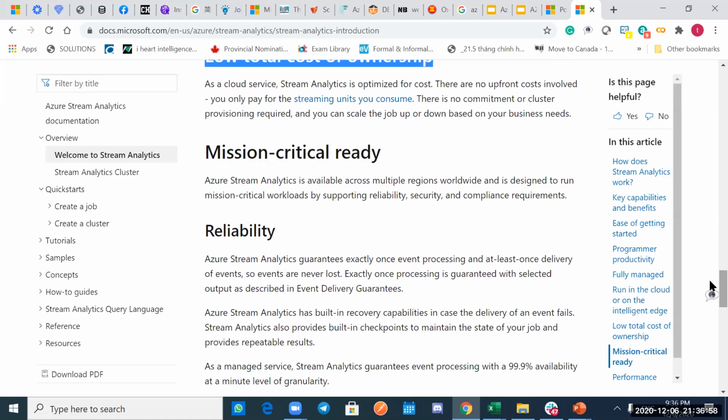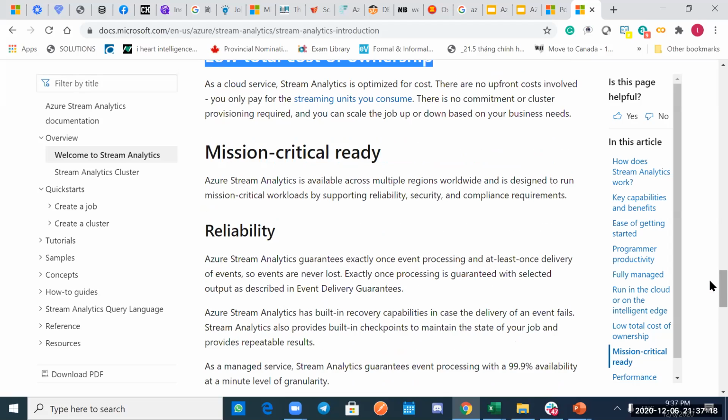Mission critical ready. When you see this, it means you can have it available across multiple regions worldwide, and it supports running mission critical workloads, which means reliability, security, and compliance with requirements.